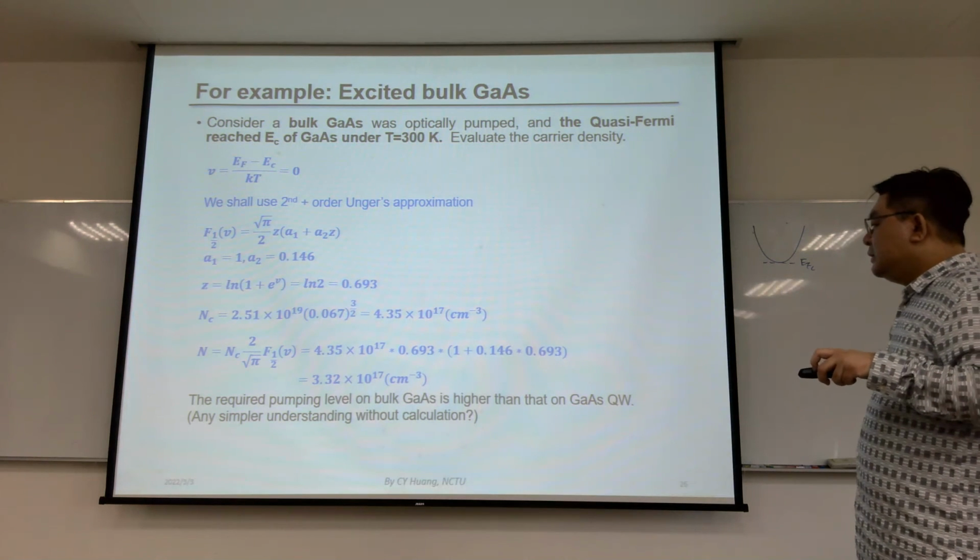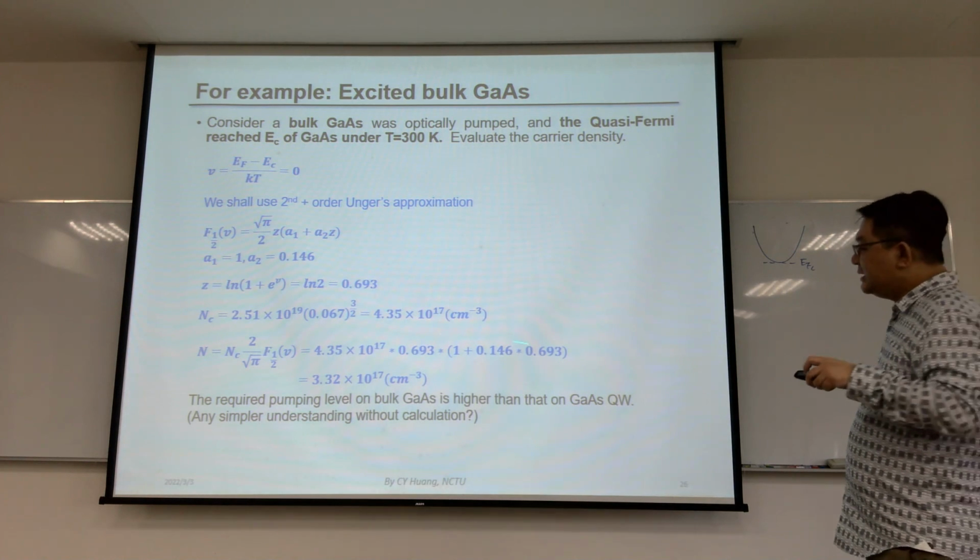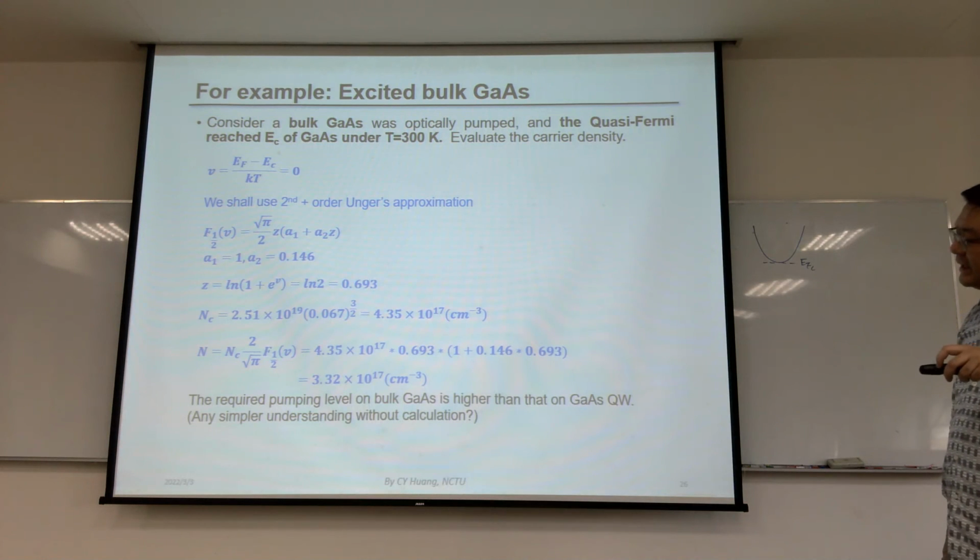So let's compare the two cases. In this case, if we want the EF to be aligned to EC, the carrier density we calculated is 3.3 times 10^17 cm^-3.